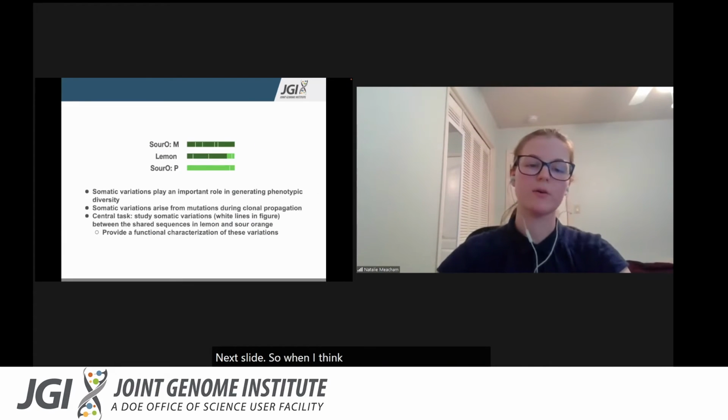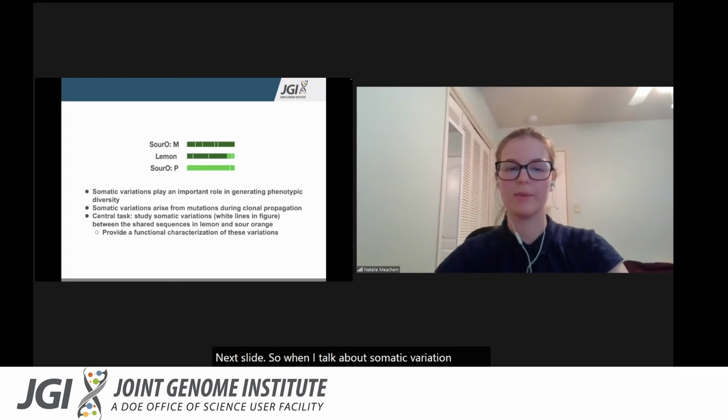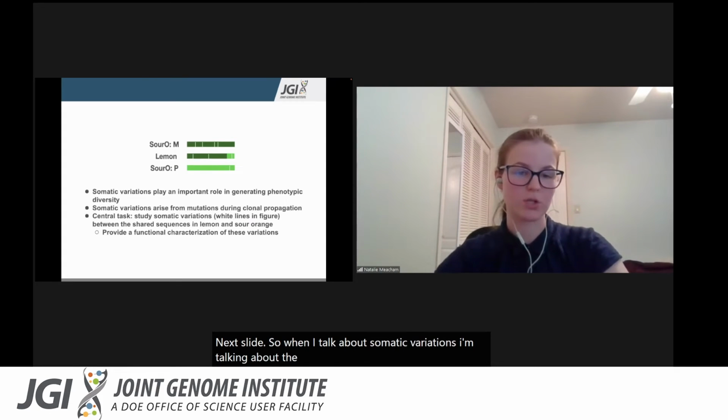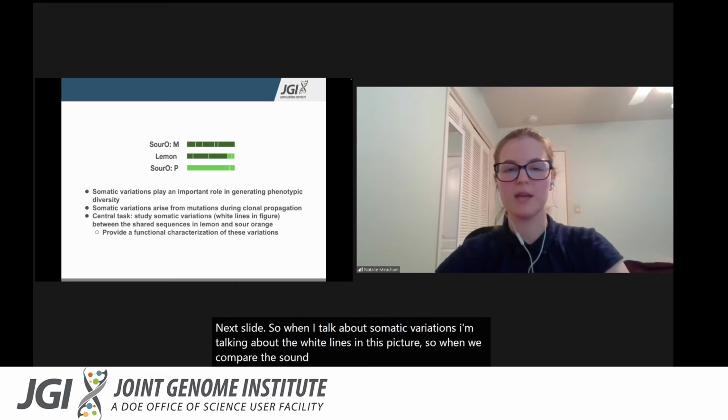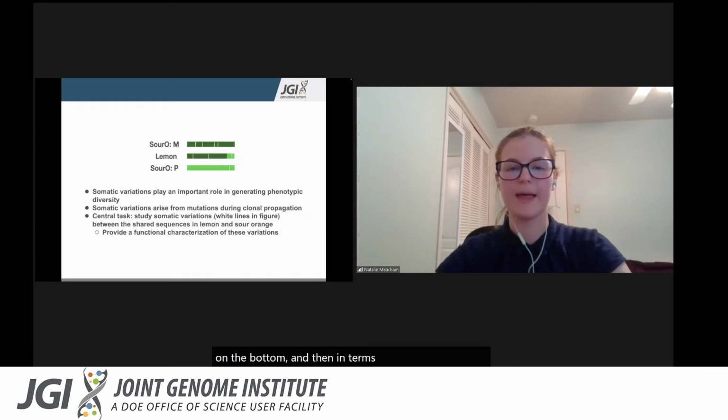So when I talk about somatic variations, I'm talking about the white lines in this picture. So when we compare the sour orange Mandarin genome up top to the sour orange Pomelo genome on the bottom, and then in turn, what that lemon genome looks like today, the somatic variations are the white lines. They come from mutations during clonal propagations.